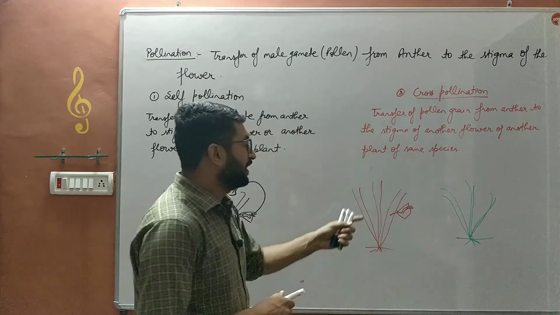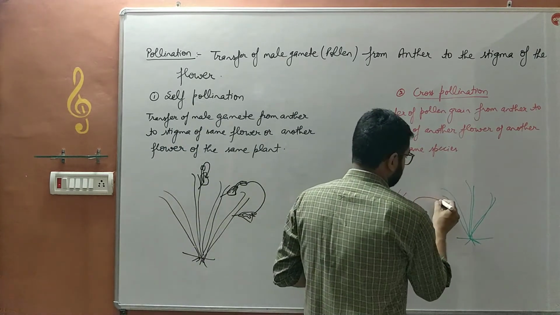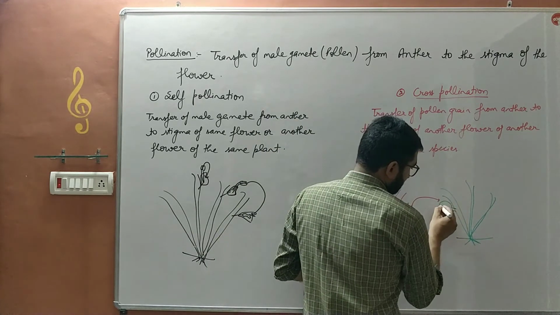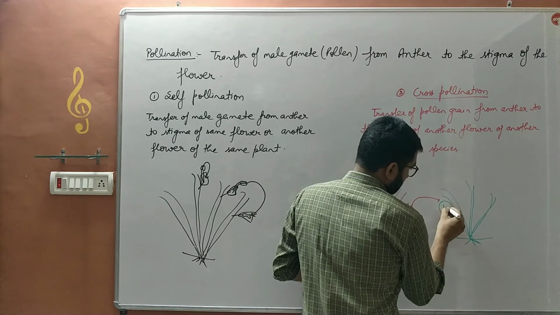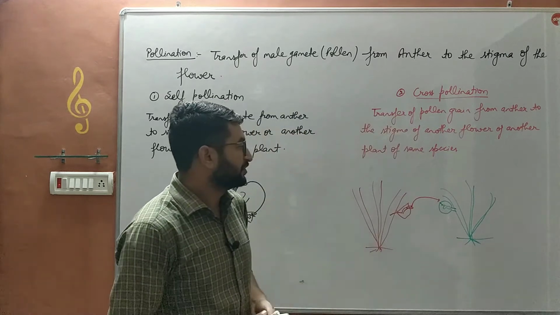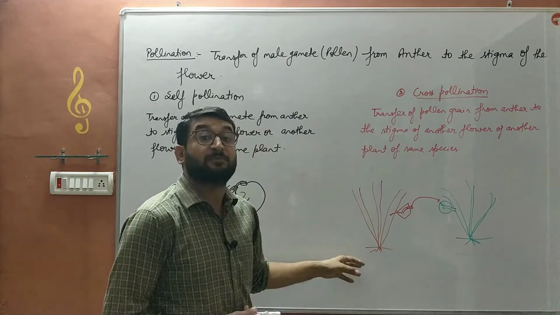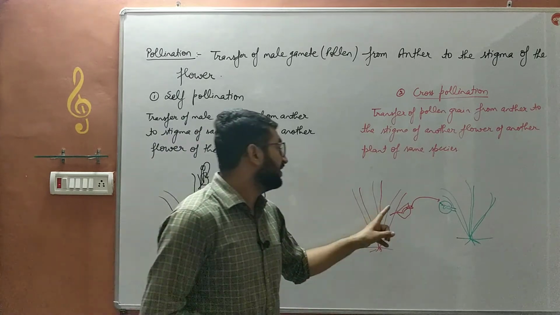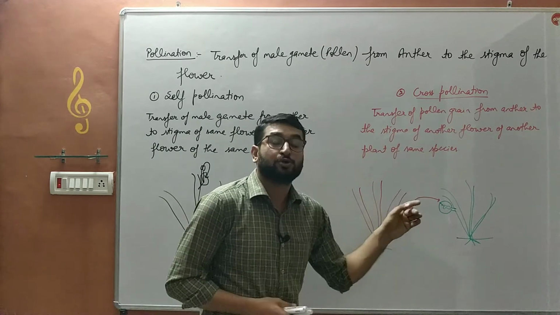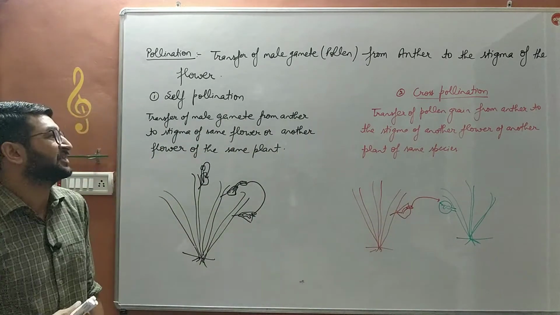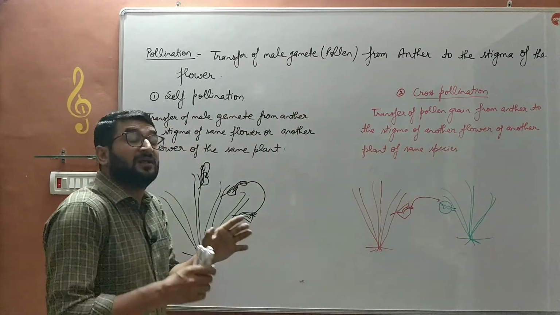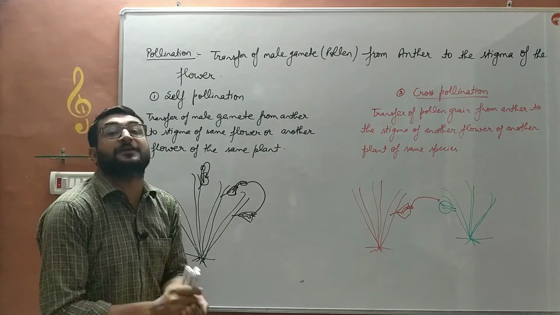So the transfer of pollen grain from this anther to the stigma of this plant. अगर बच्चों प्लांट अलग हैं बट प्लांट है सेम स्पीशीज के और पॉलन ग्रेन एक प्लांट के एंथर से दूसरे प्लांट के स्टिग्मा पर जा रहा है, देन दैट इज नोन एज क्रॉस पॉलिनेशन. आई एम एक्सप्लेनिंग यू अगेन बच्चे, डू रीड इट वेरी केयरफुली.